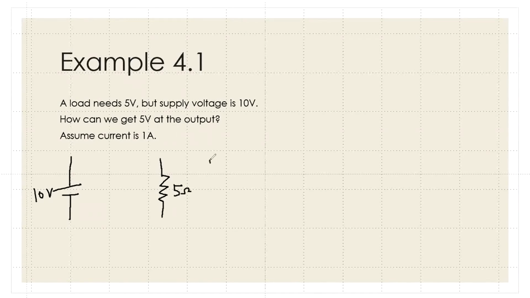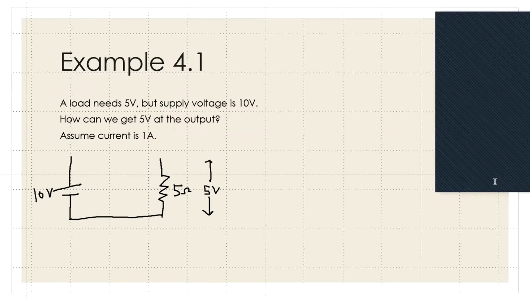And you want the voltage over here to be 5 volt. Okay, so this is a circuit where we have an input of 10 volt and then an output of 5 volt.